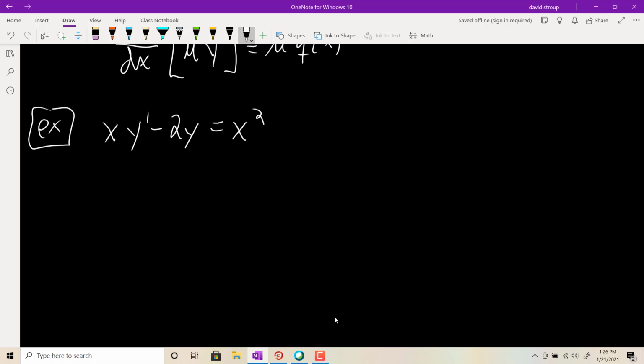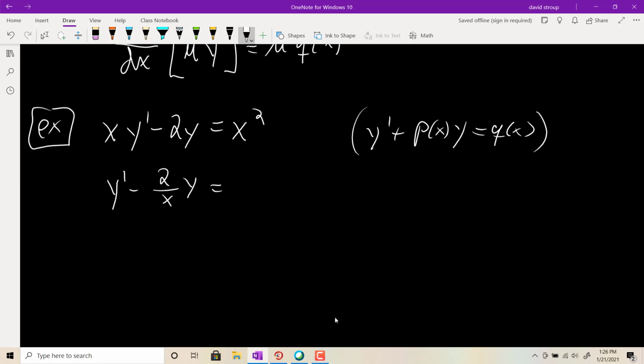Right. So first off, notice it's not in our standard form. We need to have y prime by itself in order to proceed by multiplying by the integrating factor. So what we need to do then is divide everything by x. So we get y prime minus 2 over x y equals x squared over x, which is just x.